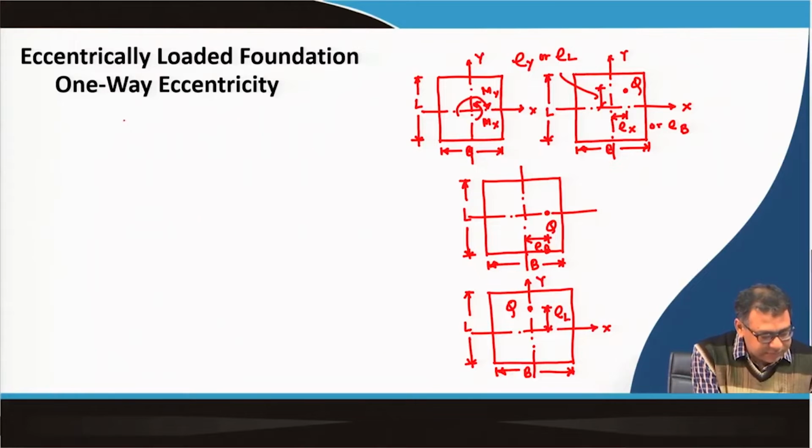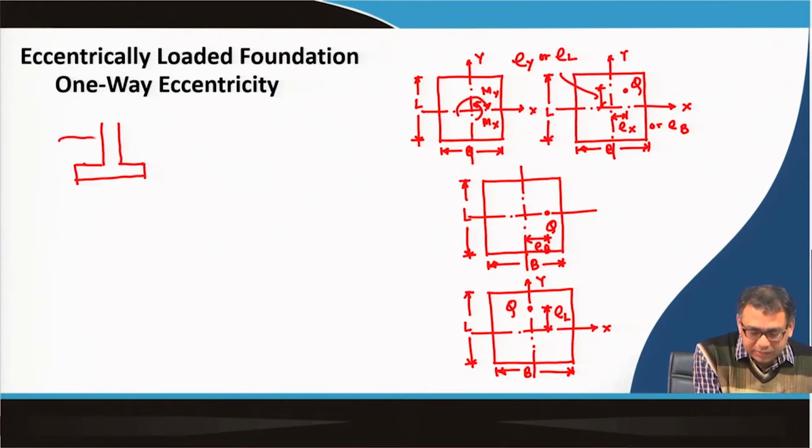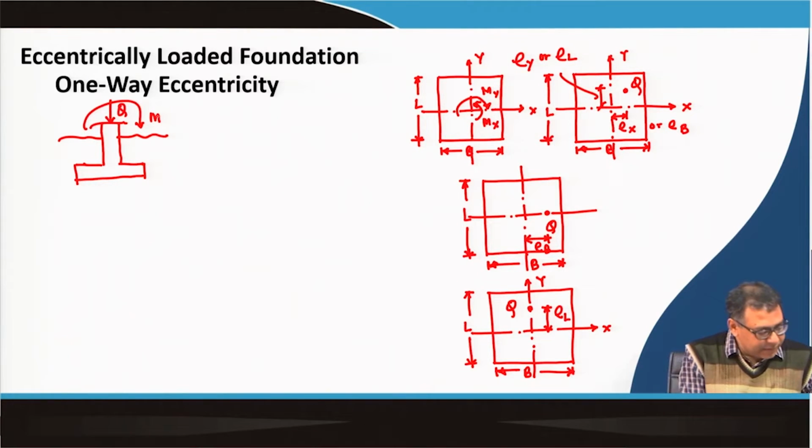Suppose we have a one-way eccentricity. In this case, this is the plan. If I draw the section, I can draw it in this way: this is my footing, this is the ground surface. Here a Q is acting, and at the same time a moment M is also acting, and this is the width B. In final form I can write it this way.